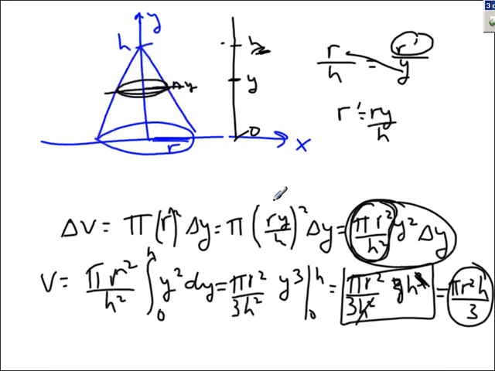And one last comment, it's just not any old cone. It's what's called a right cone. What does that mean? That means here's, say, the y-axis. The base is perpendicular to it. The base is perpendicular.